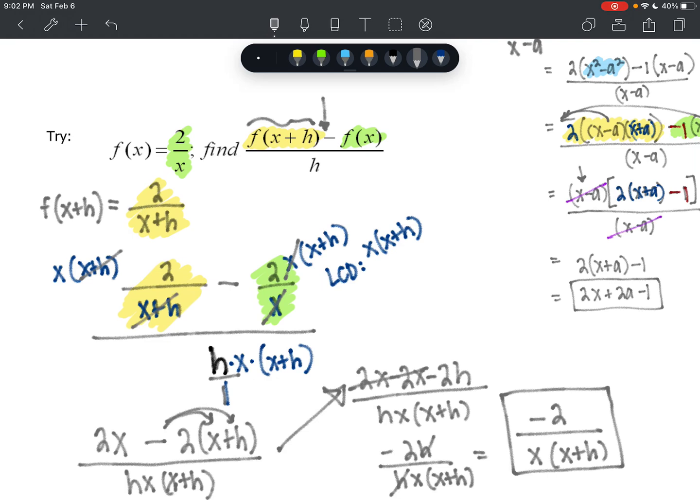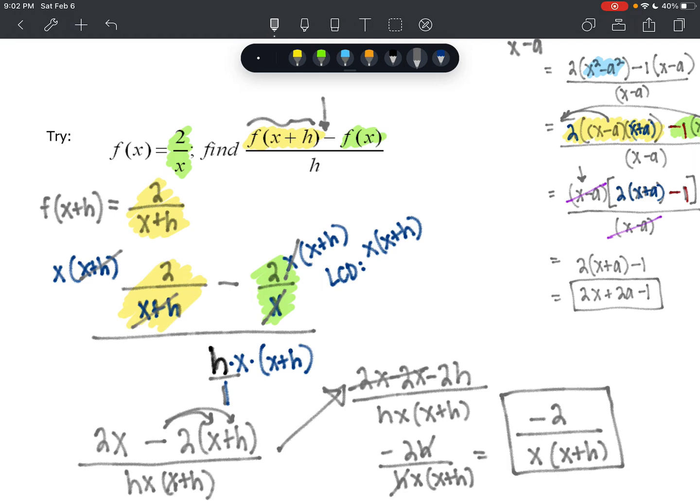If you don't understand what we've done here algebraically, guaranteed it's in an earlier video. Please do not shortchange yourself.